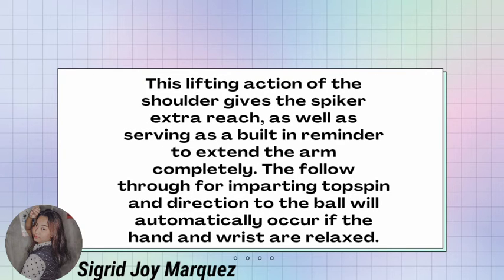This lifting action of the shoulder gives the spiker extra reach, as well as serving as a built-in reminder to extend the arm completely. The follow-through for imparting top spin and direction to the ball will automatically occur if the hand and wrist are relaxed.